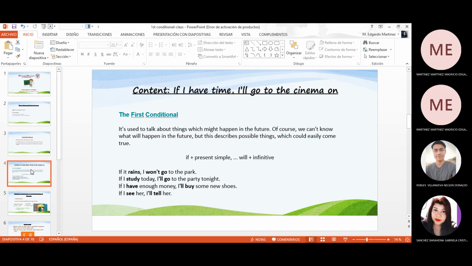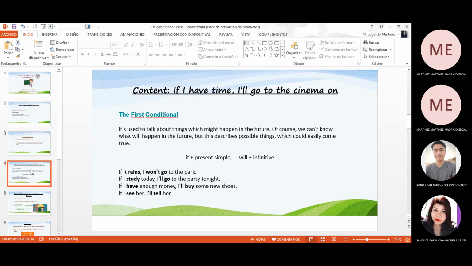Let's start with the explanation of the first conditional. It is used to talk about things which may happen in the future, possible things which could easily come true. Over there you have the structure that we must follow: if plus present simple in the first clause, and in the second clause will plus the infinitive verb.